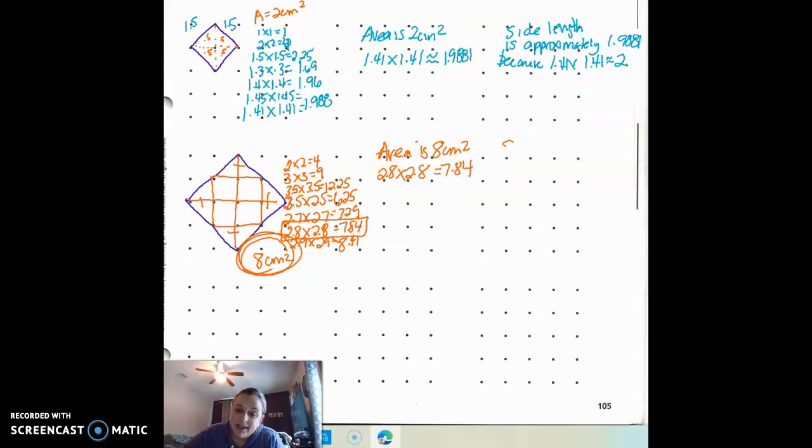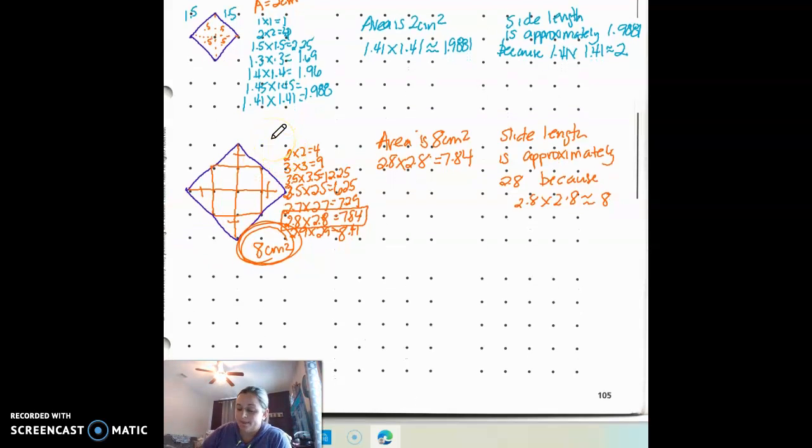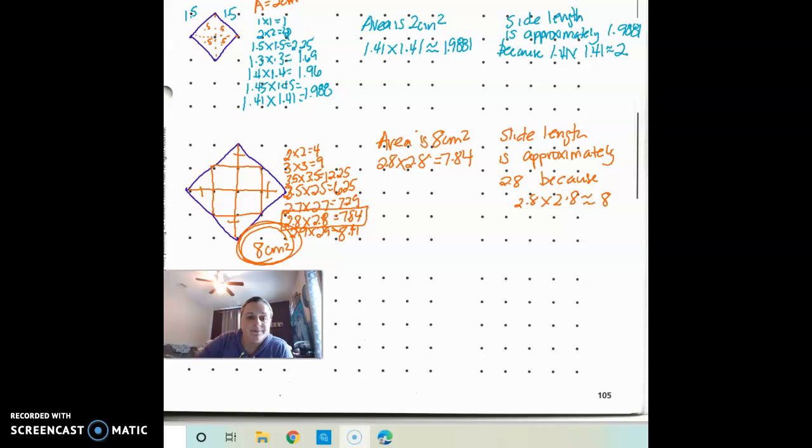So then the side length is approximately 2.8 something something something, because 2.8 times 2.8 approximately equals 8. Doesn't exactly equal 8, so it's approximate. We want to write approximate because it's not exact.